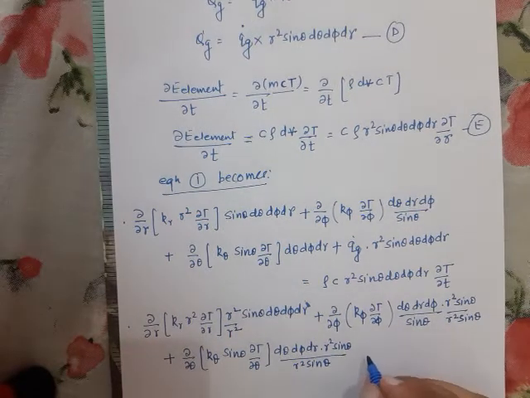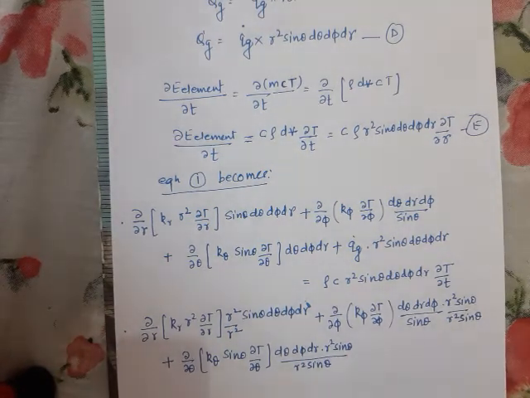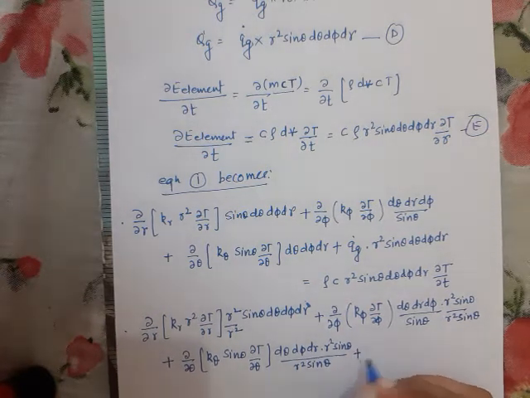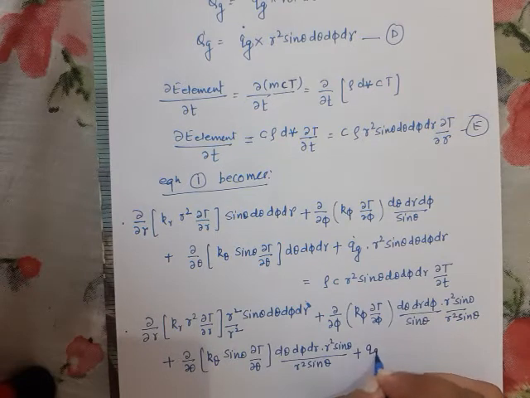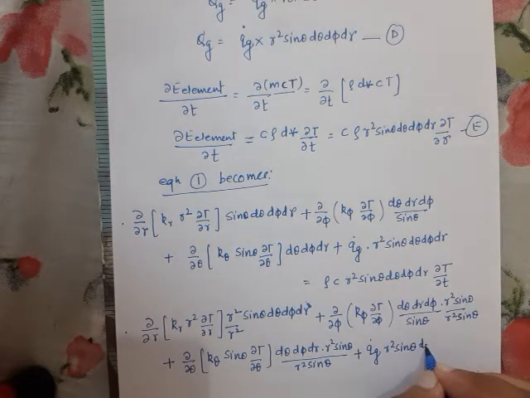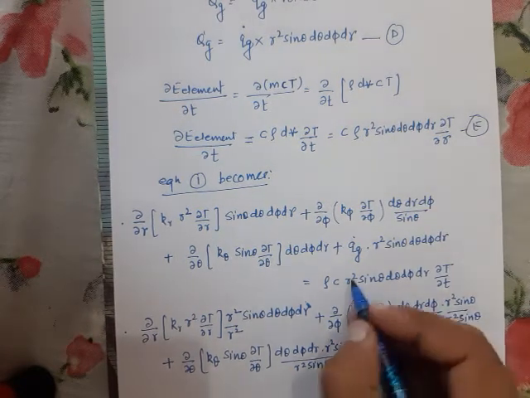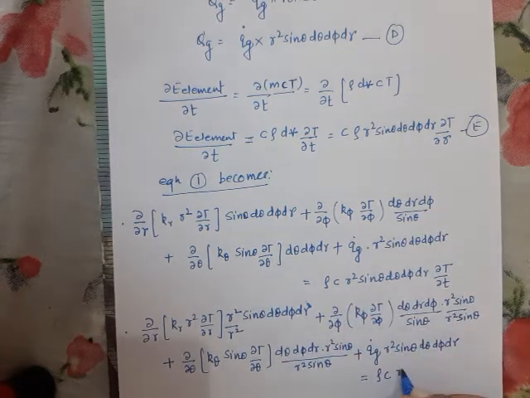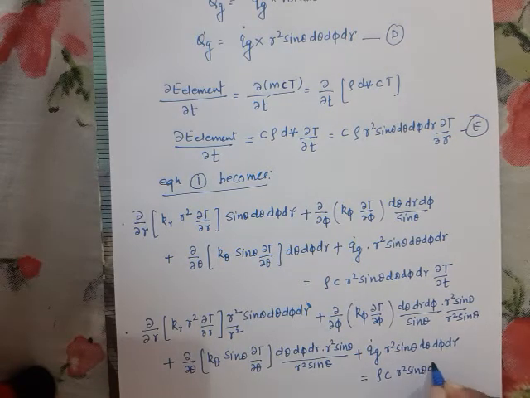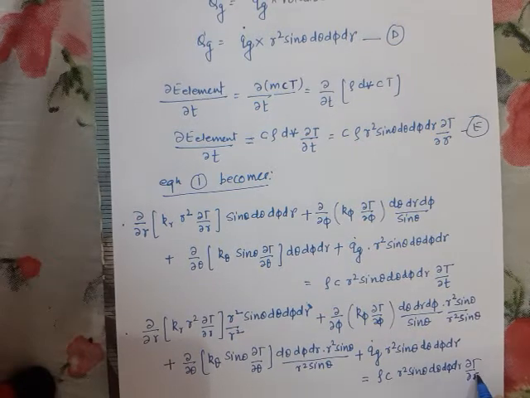Okay, clear to everyone? Is it clear to everyone? Please note, plus this fourth term will remain unchanged, r square sine theta d theta d phi dr, is equal to the fifth term, rho c r square sine theta d theta d phi dr del T upon del t.